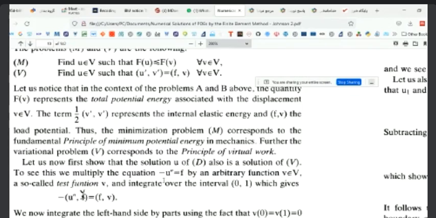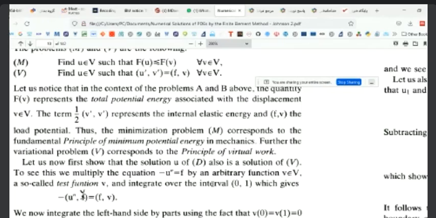Let us now first show the solution U of E is also a solution of V. To see this, we multiply the equation minus U double prime equals F by an arbitrary function V from the linear space big V, a so-called test function.